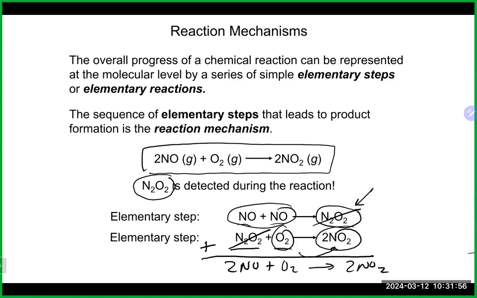So this is a plausible mechanism by which this reaction could take place. It also explains why we see the N2O2 being made during the reaction and it's not there at the end. That is what we sometimes refer to as an intermediate, something that's made earlier on and then used up by the end of a reaction.